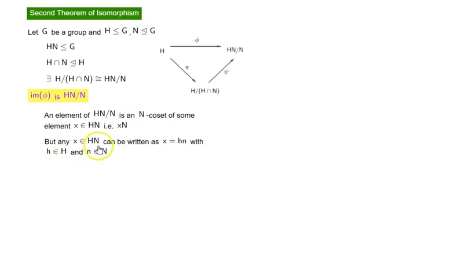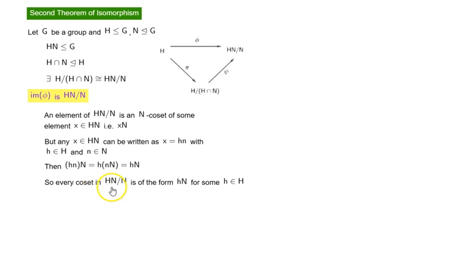But any x in HN can be written as x equal to hn with h in H and n in N. Then hn times N is equal to hN, which is equal to hN. So every coset in HN by N is of the form hN for some h in H, which implies image of phi is equal to HN by N. That means phi is surjective.